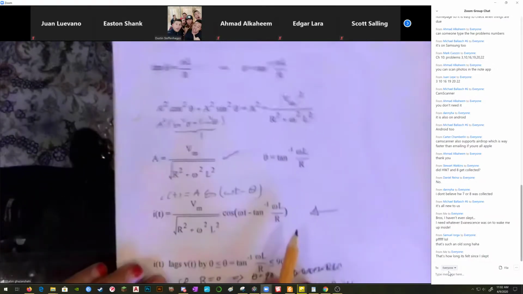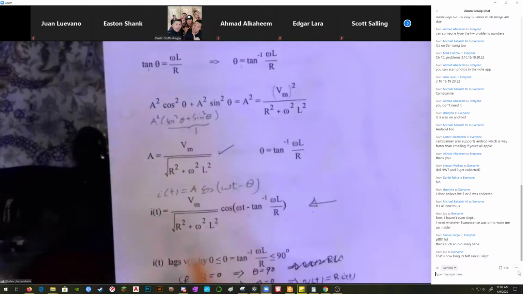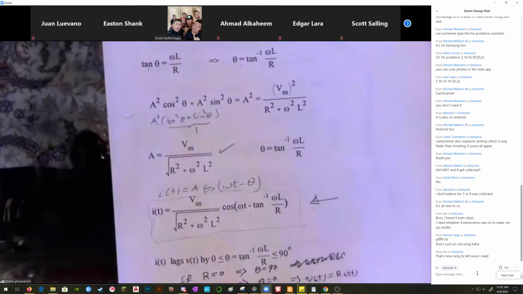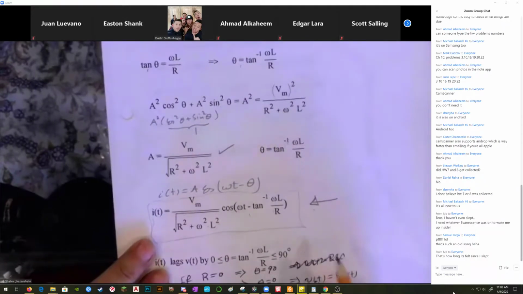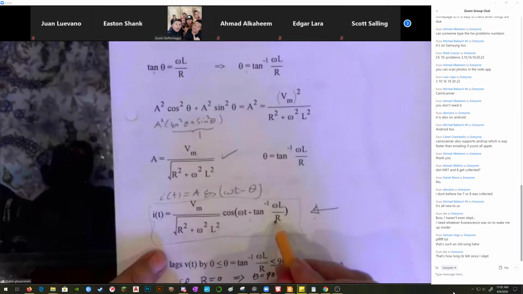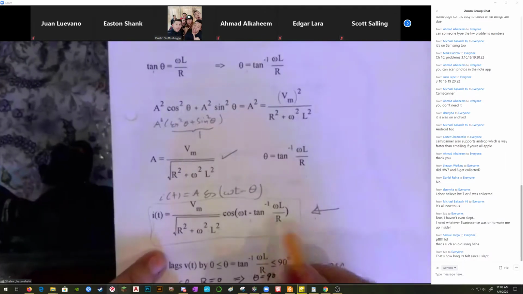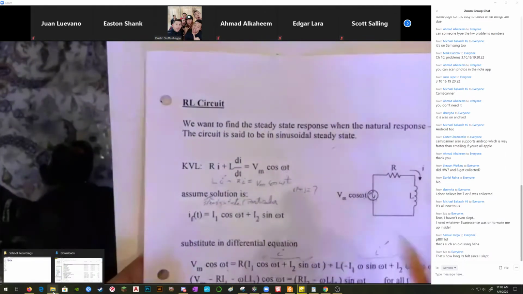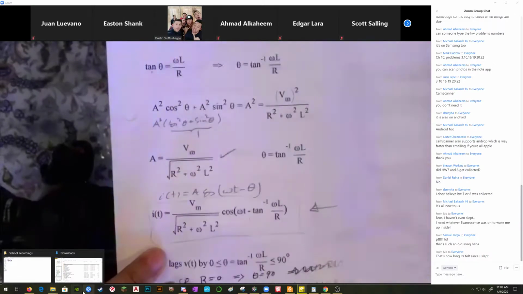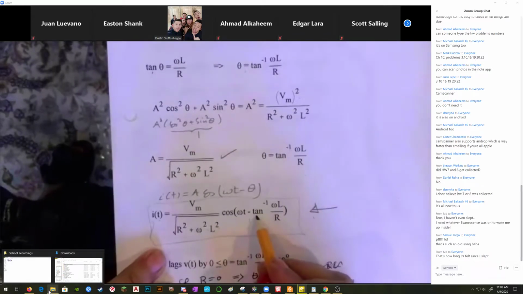Now, let's go to this equation. You're going to use this equation in the problems for the RL circuit. Now, if in this equation my R is zero, if you have no resistor, you just have a source and an inductor, let's see what happens to your angle.